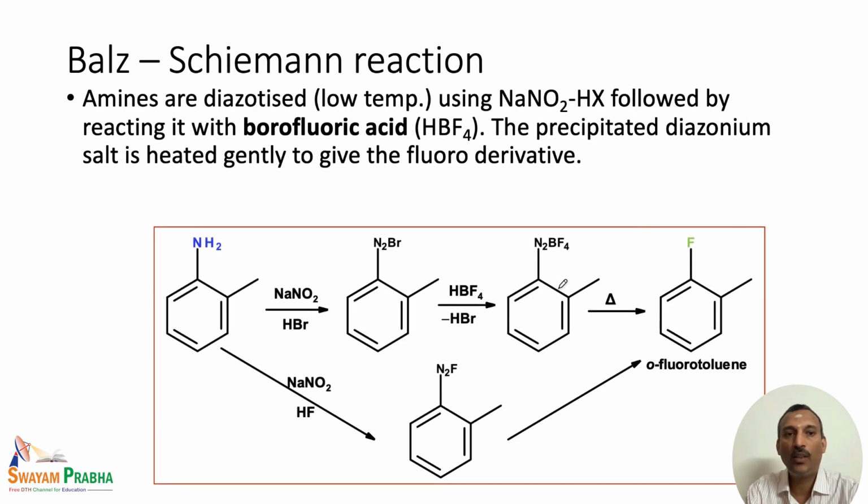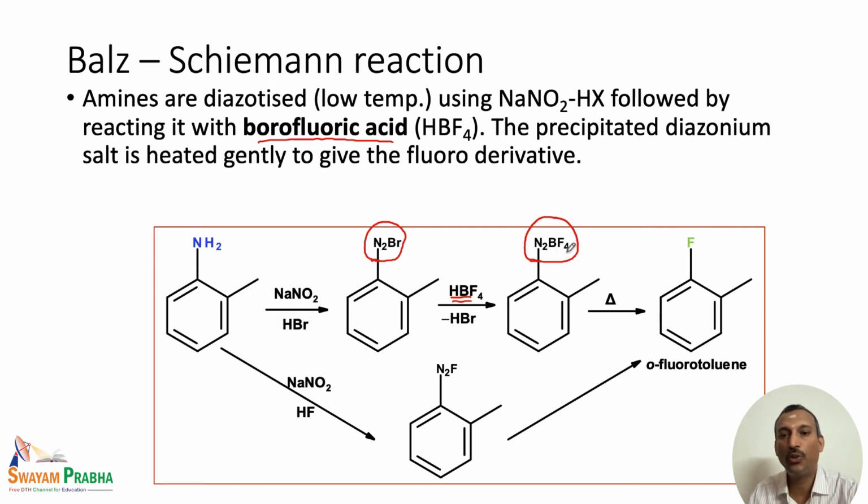The next one is the Balz-Schiemann reaction. In this reaction, fluoroboric acid is used as an important intermediate. The amino compound is first converted to the corresponding diazonium salt, which is then treated with HBF4 to give the corresponding diazonium fluoroborate salt.